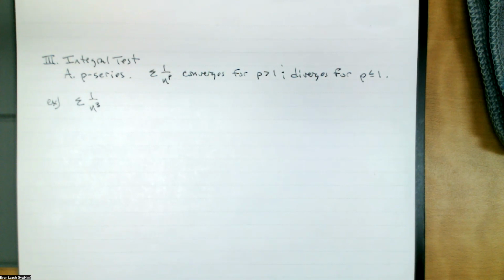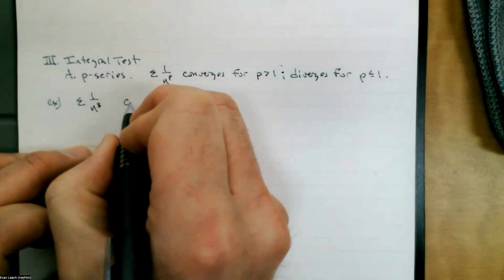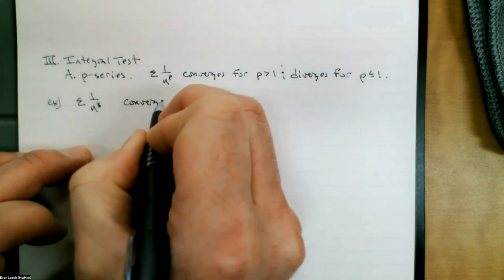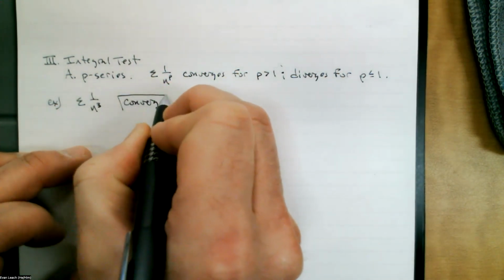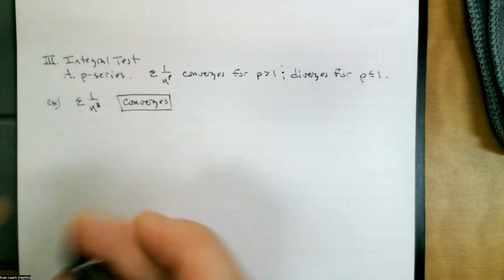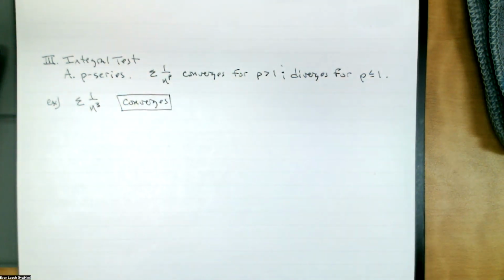The series 1 over n cubed converges. If we had to justify it, we would say this is a p series with p equal to 3, which is greater than 1. If we had to justify it.